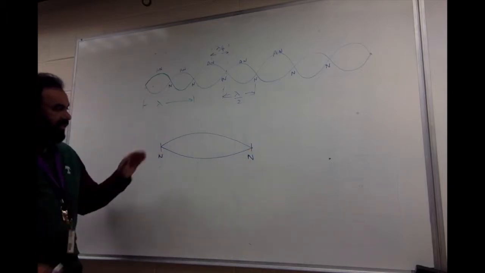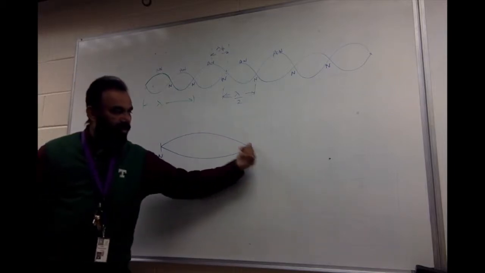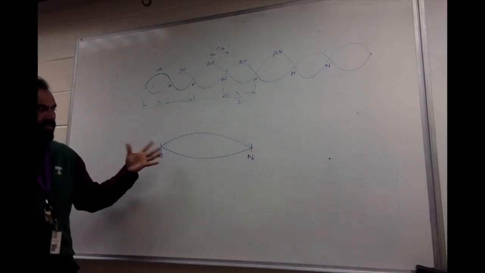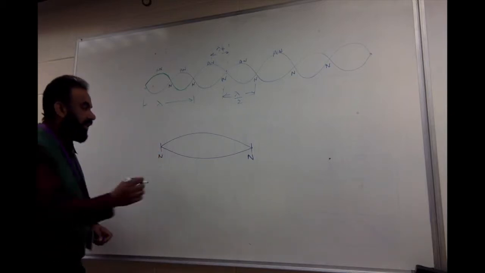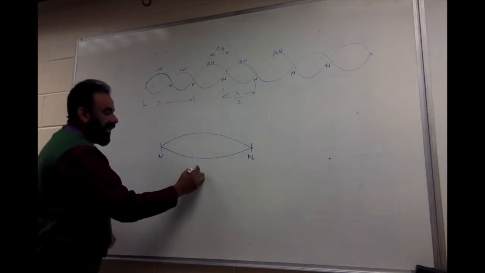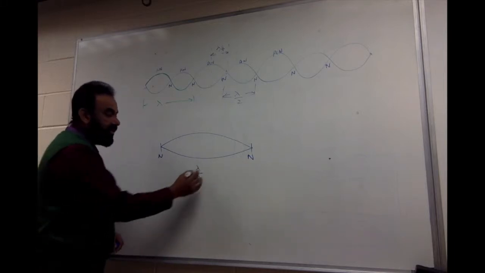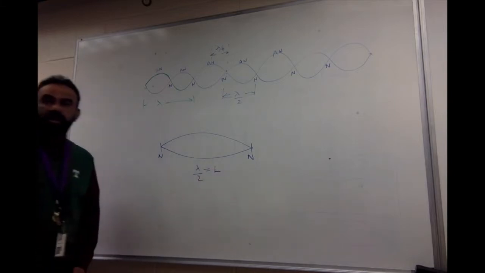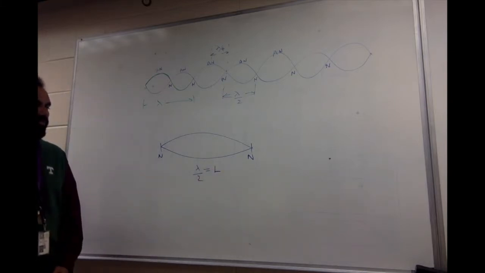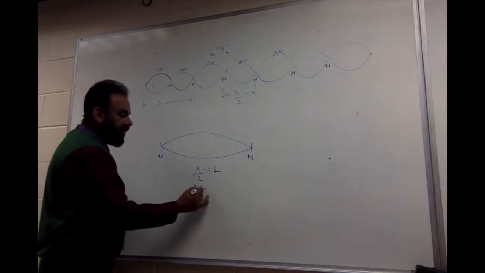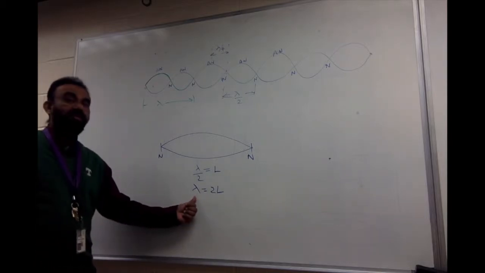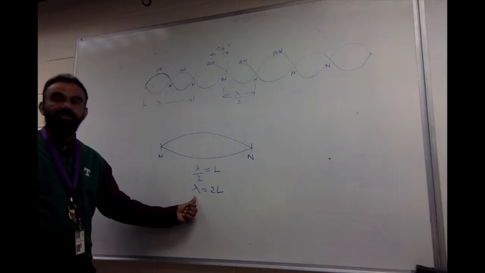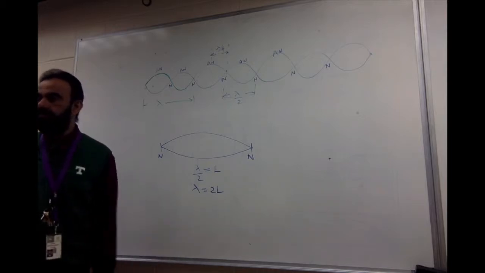A progressive wave is going forward and bouncing back, perfectly in resonance, setting up this standing wave. Node to node distance is half a wavelength, so the length of the string that you're plucking is equal to half a wavelength, and therefore lambda is equal to 2L. If you pluck a guitar string of length L, the wavelength of the wave you're setting up on the string is 2L.